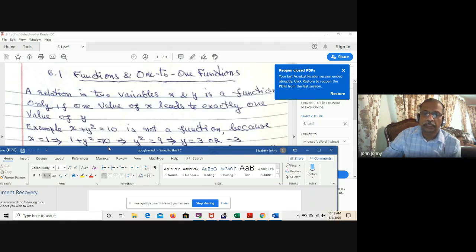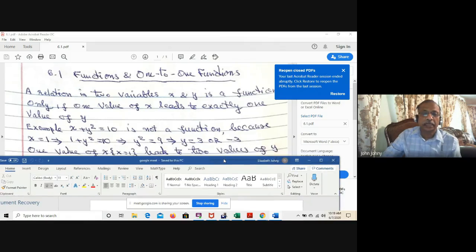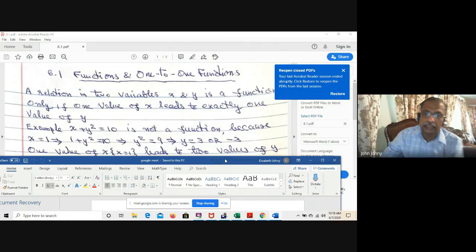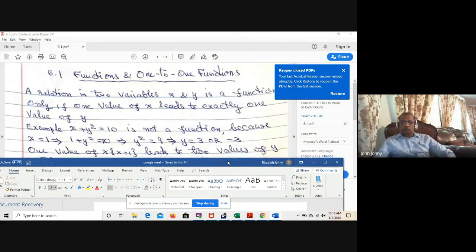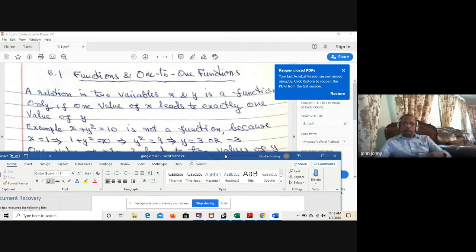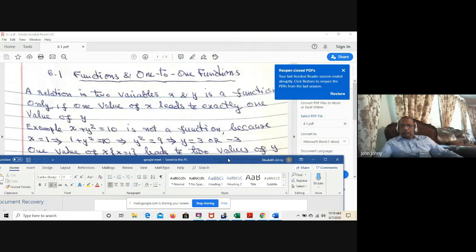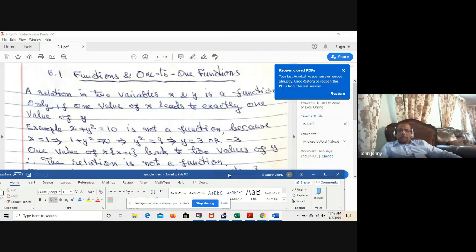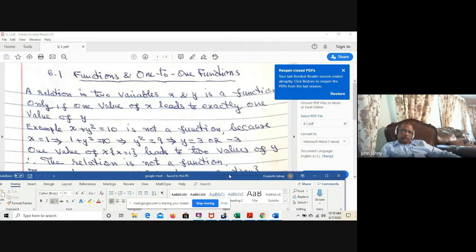Subtract 1 on each side. You get y squared is equal to 9. That implies y is equal to 3 or negative 3, because 3 squared is 9, and negative 3 the whole squared also is 9. That means one value of x leads to two values of y. Therefore, the relation is not a function.